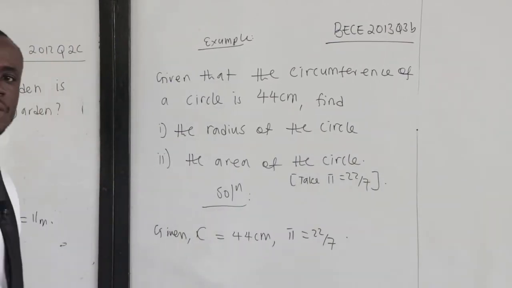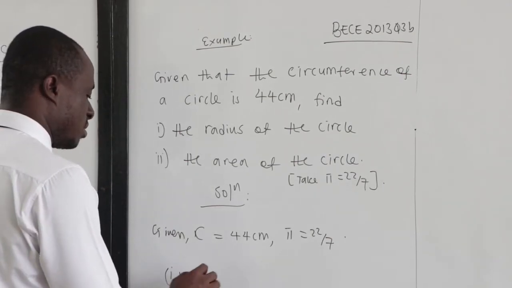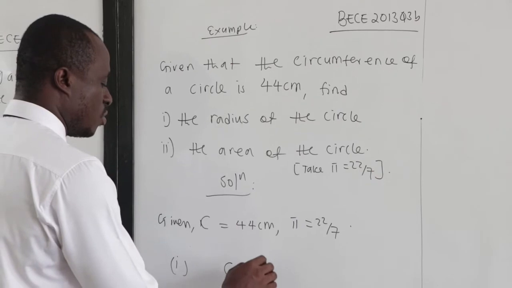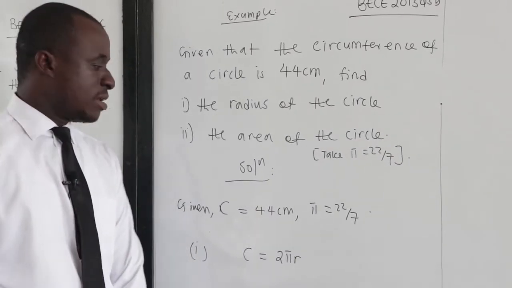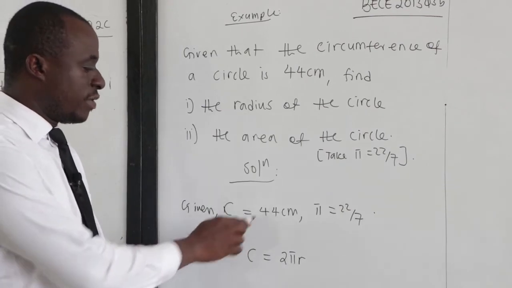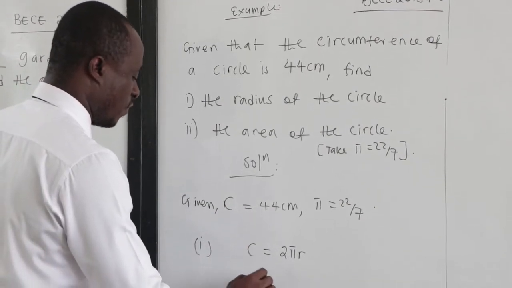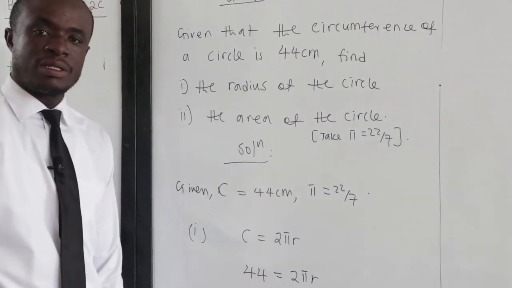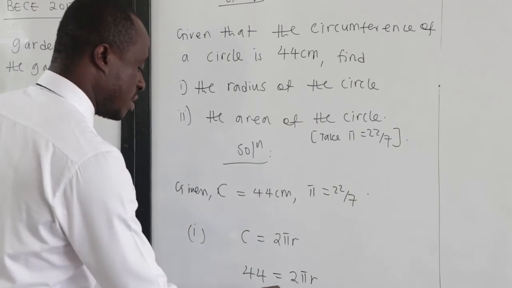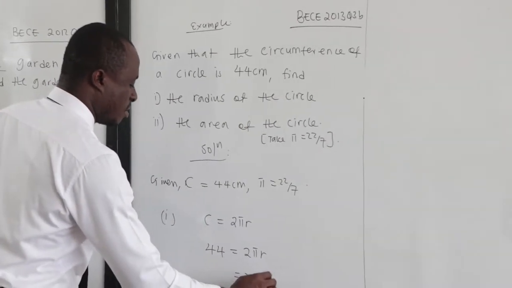The first one says you should find the radius of the circle. Circumference is given as 2 pi r. We've been given the circumference C to be 44. So in place of C, we have 44 equal to 2 pi r. Pi is 22 over 7, so 44 equals 2 times 22 over 7 times r.